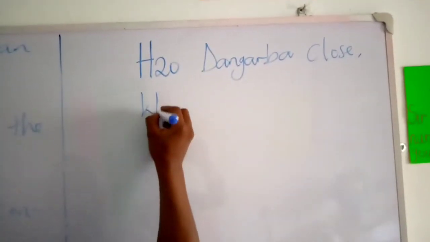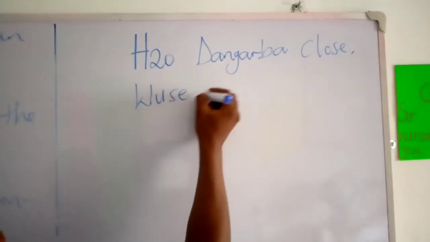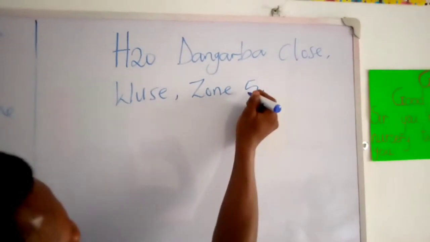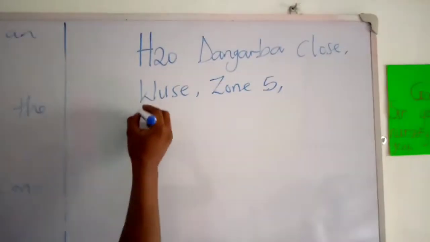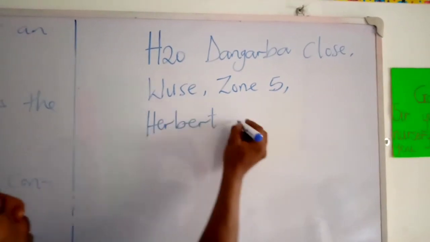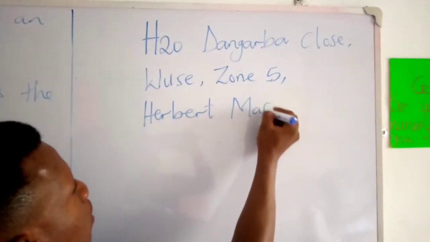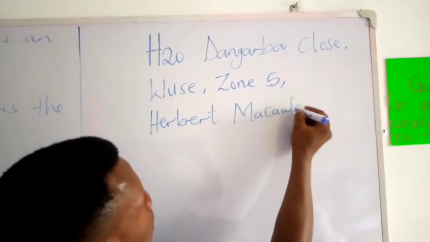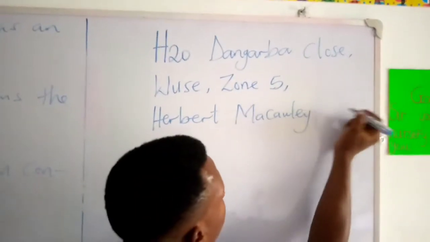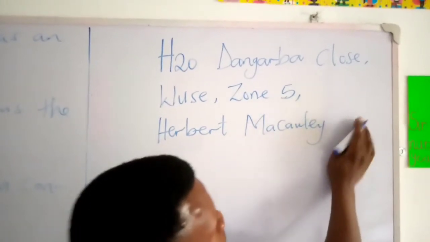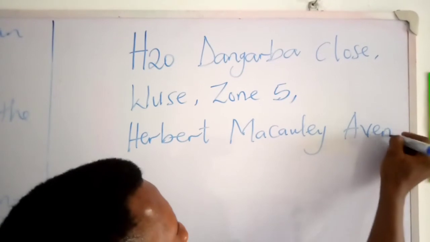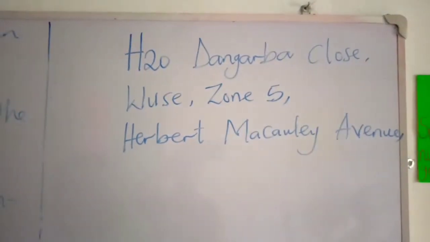We'll say Zone 5, Herbert Macaulay Avenue, comma.